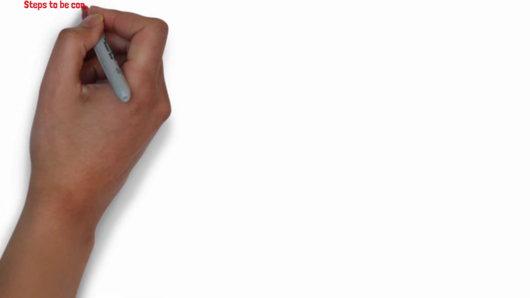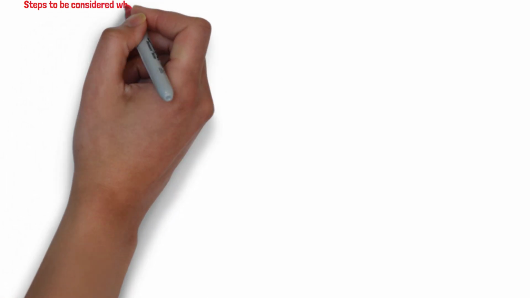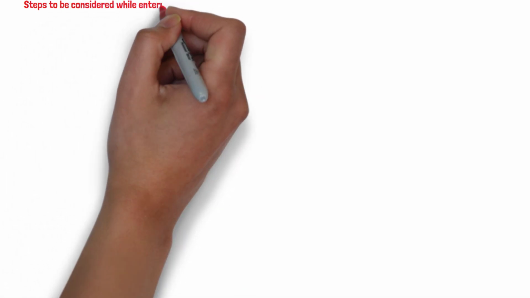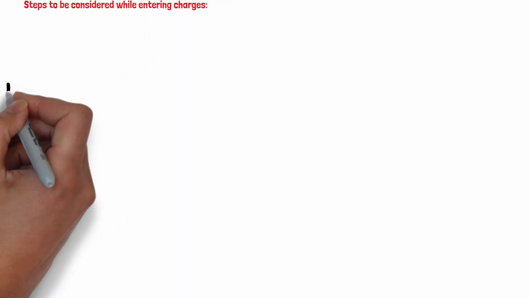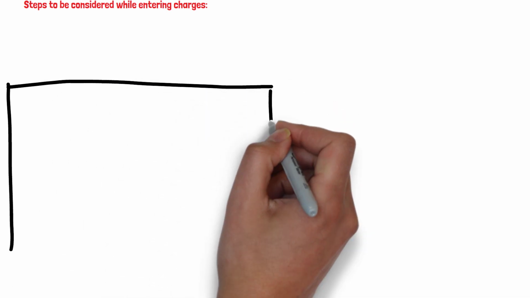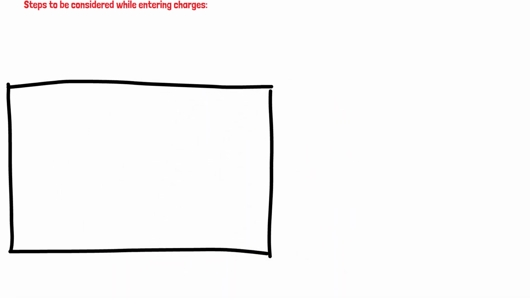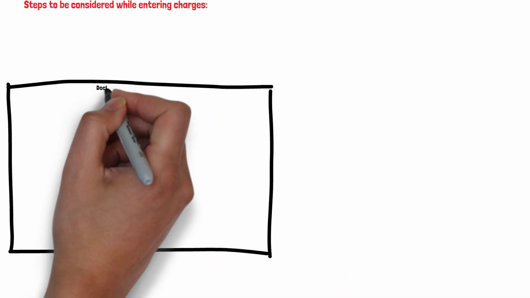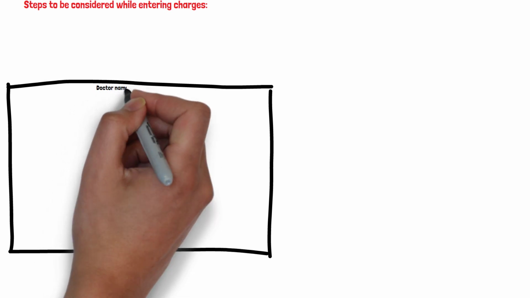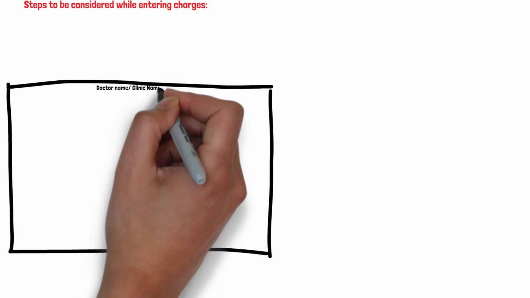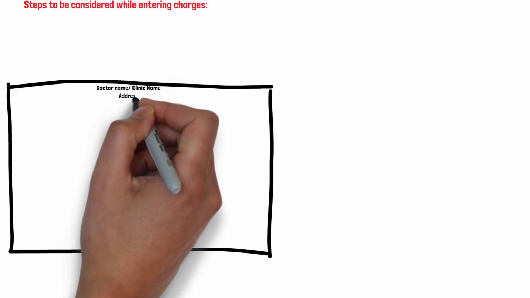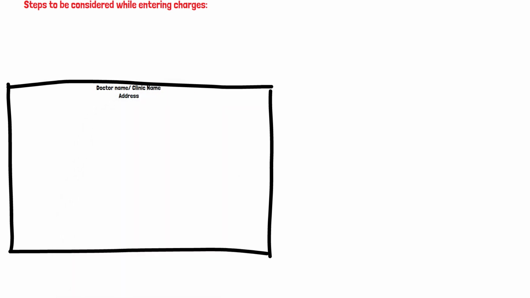Now, let us look at the steps to be considered while entering charges. So this is how a super bill looks. At the top it will contain the doctor name or the clinic name and the practice address.